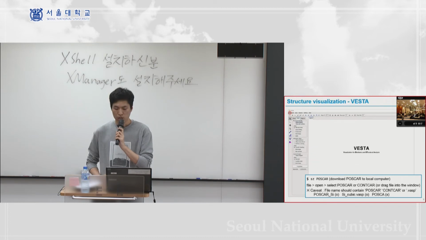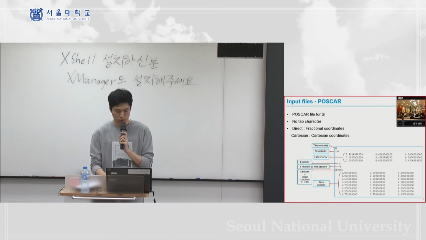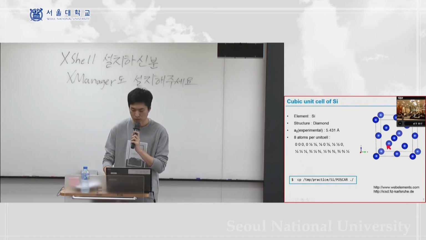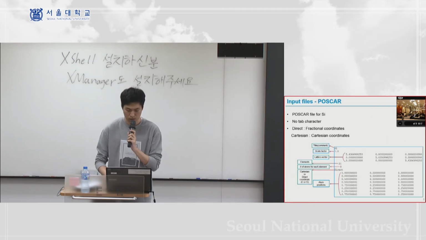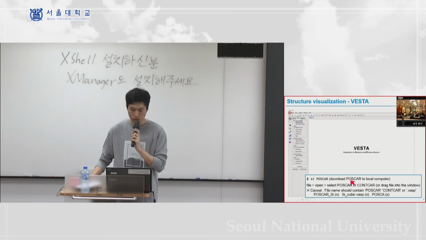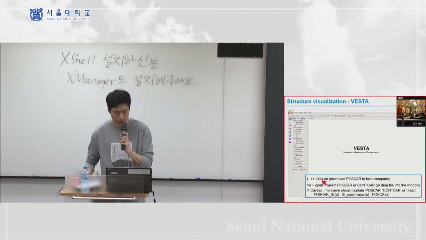So you can visualize this system like this figure using a visualizer program. In this class we will be using VESTA. So you can download the POSCAR to your local computer using the sg command. Then you can open this POSCAR using VESTA.